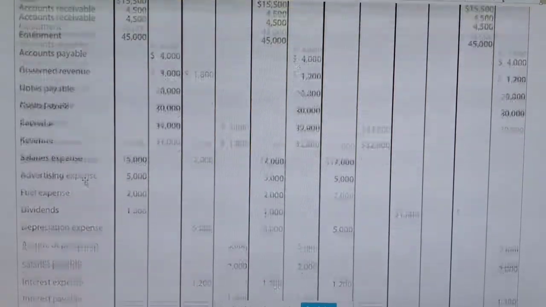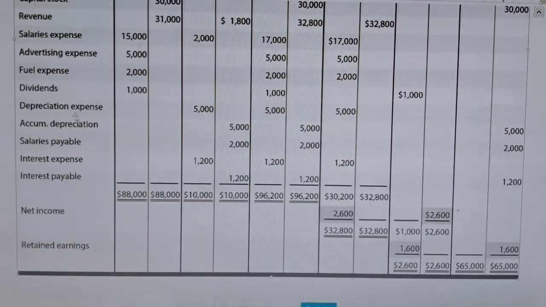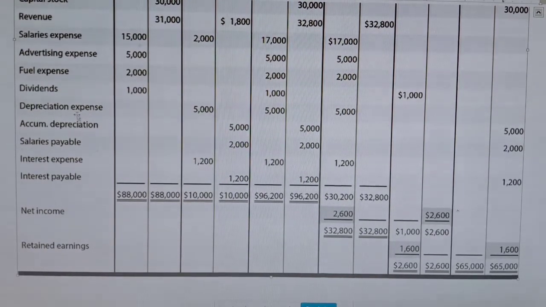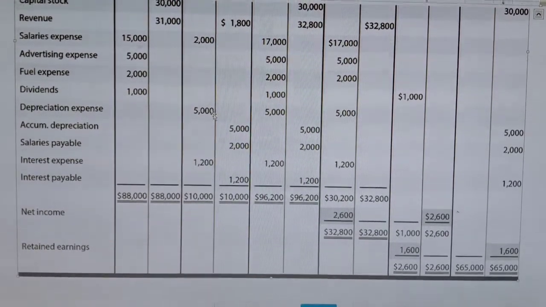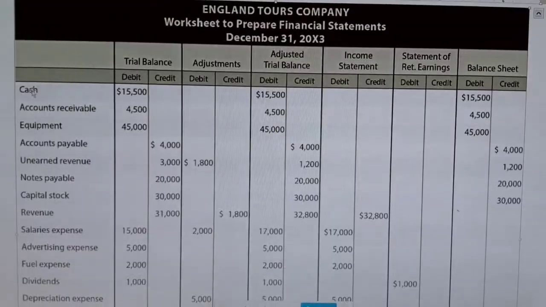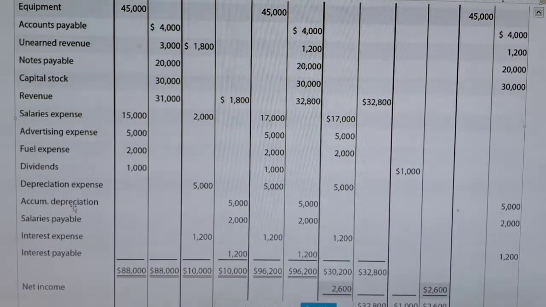Kaya idadagdag natin siya, isusulat natin siya sa ilalim ng dividends. Okay? Depreciation expense debit 5,000. Okay? Kasi nasa side siya ng debit or column ng debit. And then accumulated depreciation 5,000. So, since wala ding accumulated depreciation dito sa ating original account, idadagdag din natin siya dito sa ilalim kasunod ng depreciation expense. Credit naman na 5,000.